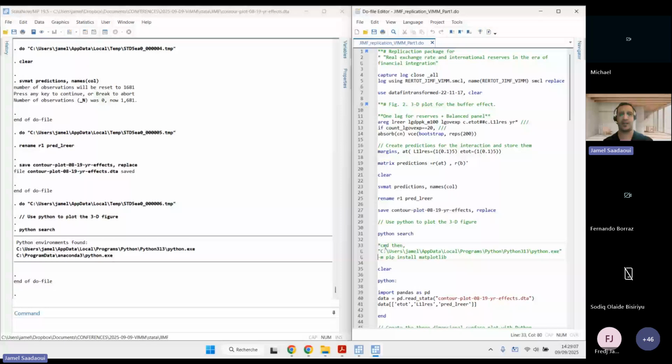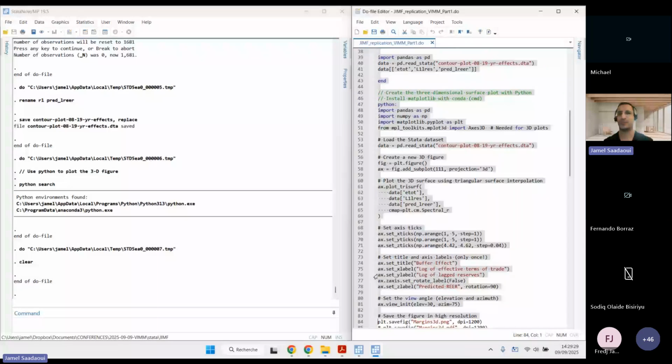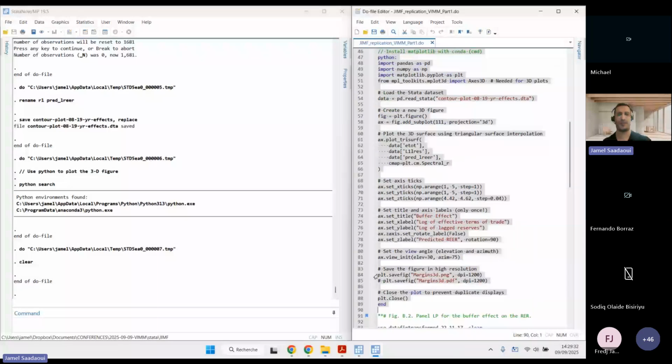So I clear everything, and I will use the database that I previously estimated from the interaction term and the two-way fixed effect model. And I will send it to Python here, and then I will create the 3D plot, okay? I will not go in a lot of detail, just to speed up the process a bit.